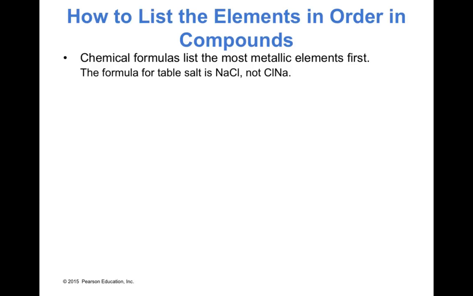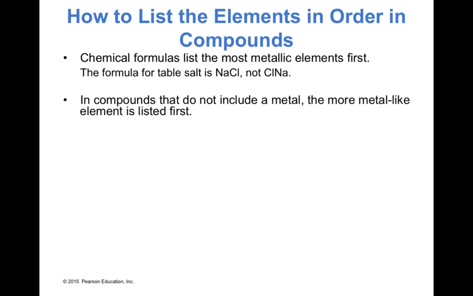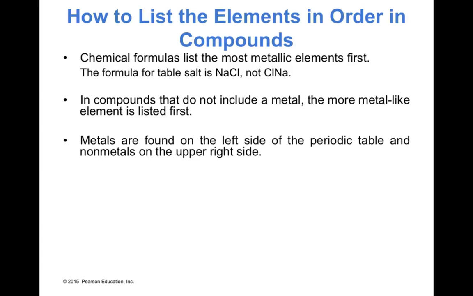We write first the most metallic element and then the other ones. In compounds that do not include a metal, the more metal-like element is listed first. Metals are found on the left side of the periodic table, as I mentioned before, and nonmetals on the upper right side.